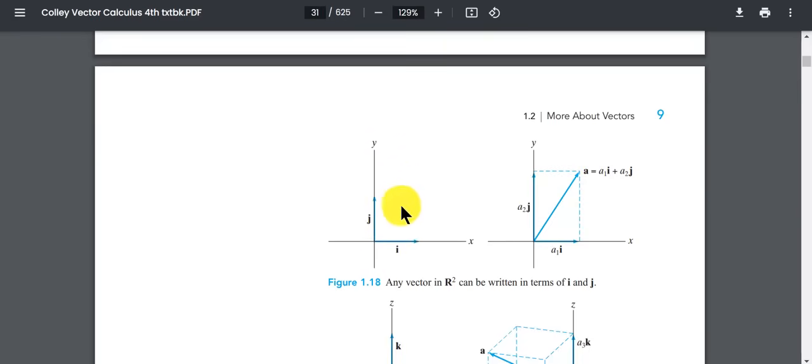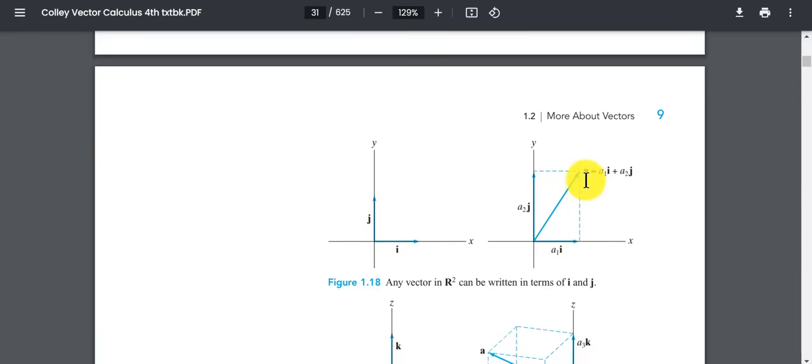Now, of course, everybody knows that if you have a point up here, you can say, well, to get there, how much do you have to walk in this direction? And then how much do you have to walk in this direction? That is, we can express that as the amount you have to walk in this direction is a vector, and then the amount you have to walk in this direction is a vector, and then by the way that we defined the sum of two vectors and the way that we visualize the sum of two vectors, to get this vector just means you take this vector plus this vector.